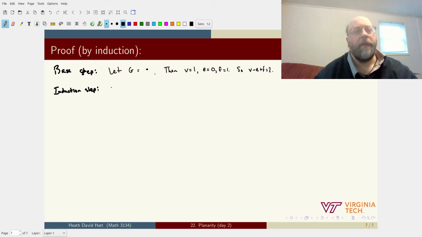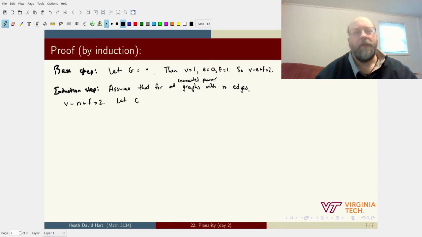Assume that for all graphs with, let's say, n edges, all connected planar graphs, vertices minus edges plus faces is equal to 2.